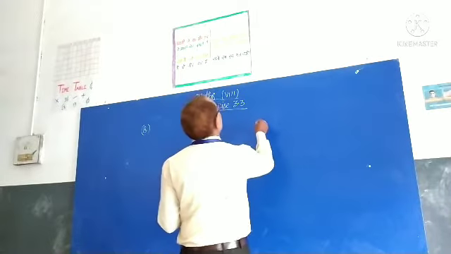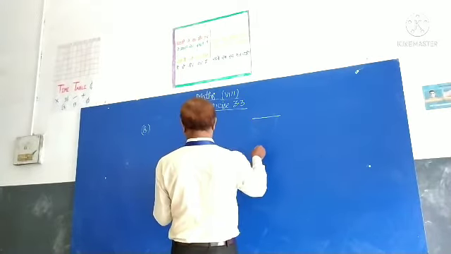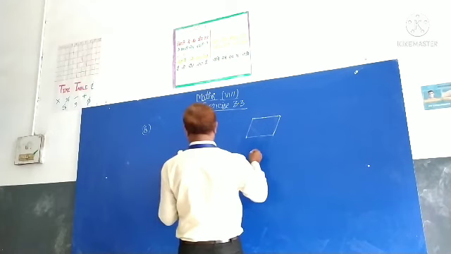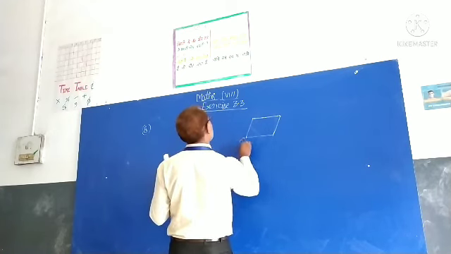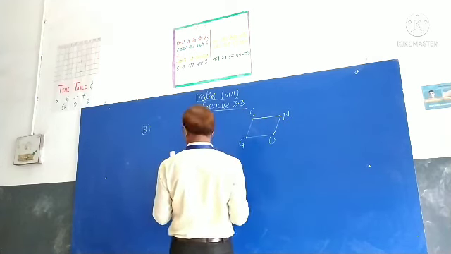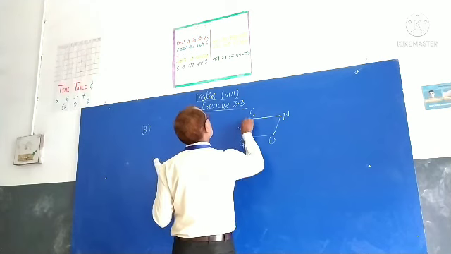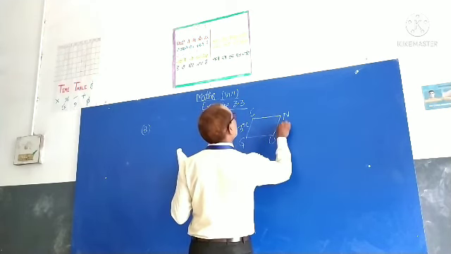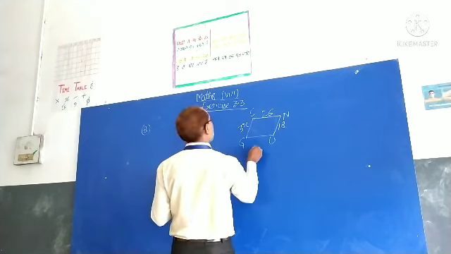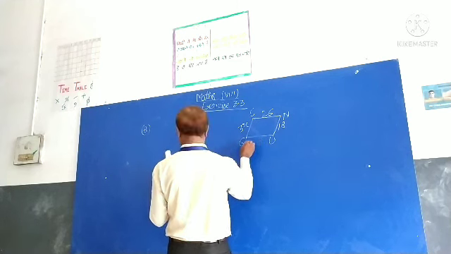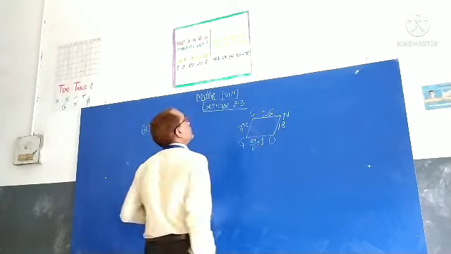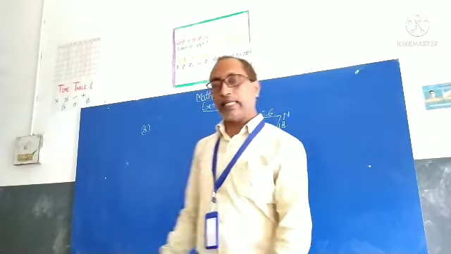Here is the figure of a parallelogram GUNS. Here is 3x and here is 18. Here is 26 and here is 3y minus 1. You find out the value of x and y.